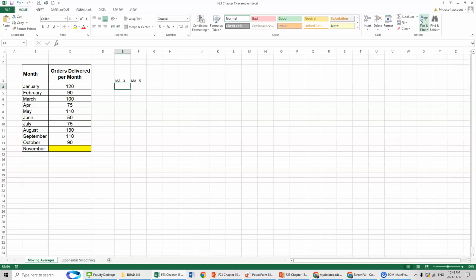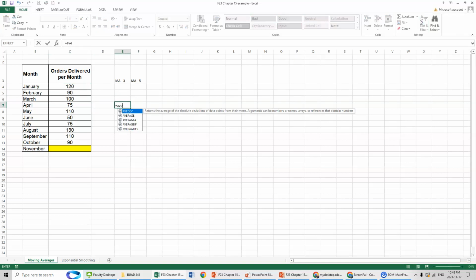So a 3-month moving average is we look at the 3 months prior to it, and we use these numbers to forecast the demand in the next time period. So a 3-month moving average, we're taking the average of the last 3 months, and that's what we would predict.